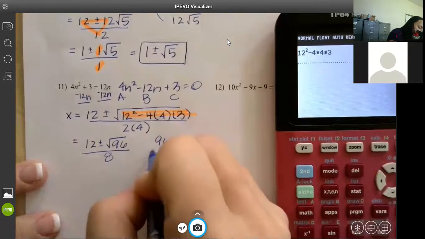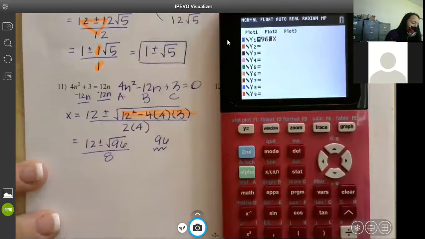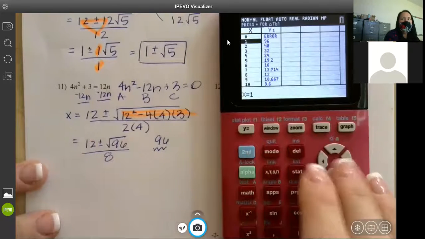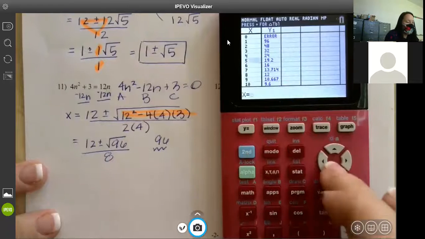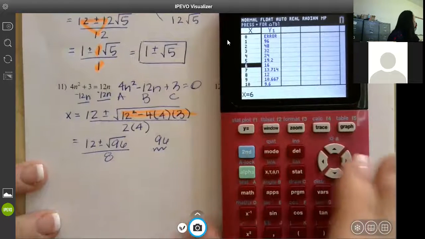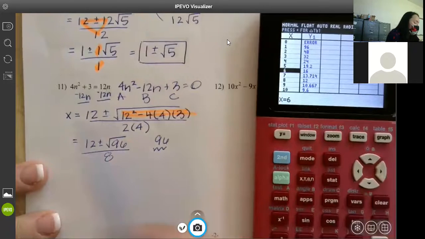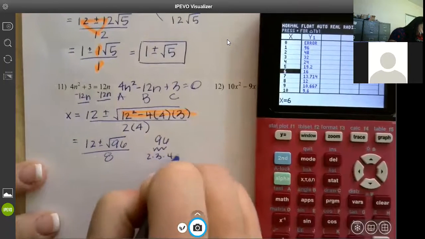We need to check 96. I know that it will break down. I have 2 and 48. 4 and 24 might be easier. 6 and 16 is the one that I like. Why? Because I know that 16 is already a pair. 16 is 4 and 4. So 6 is 2 and 3, and 16 is 4 and 4.